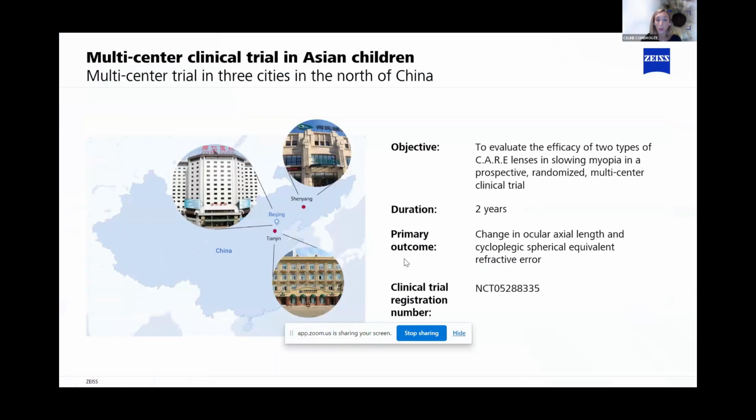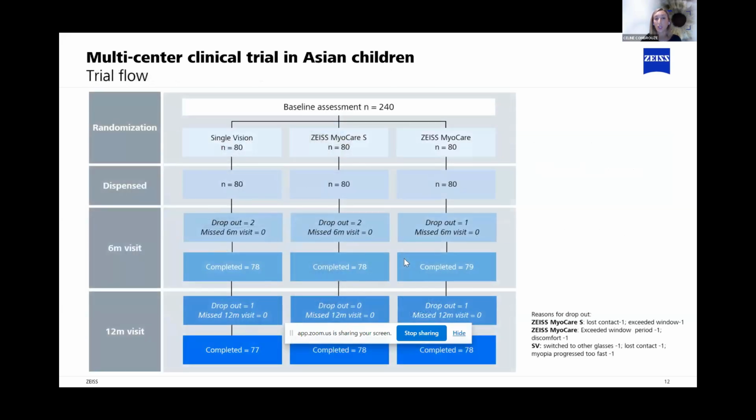So this is going to be a 2-year study in China. It's a multi-center trial, and we have 240 persons involved, divided into 3 groups. 80 of them are in MyoCare soft design and MyoCare hard design.